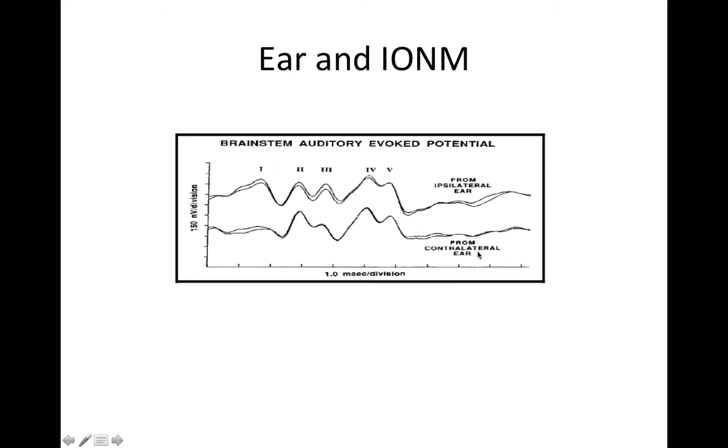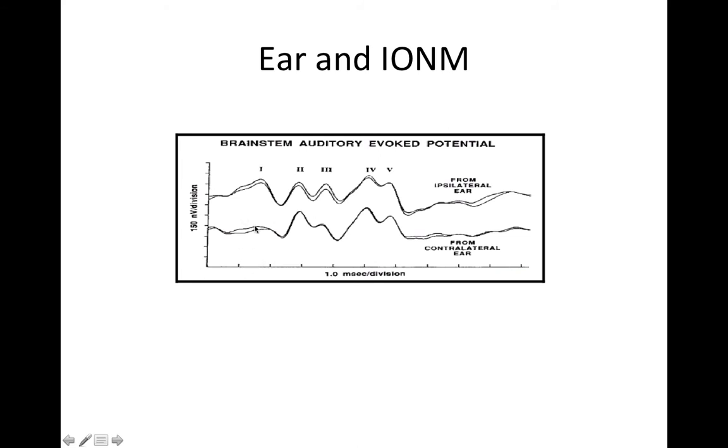Also for the contralateral ear, again, if you think about these generators, you should see a wave 3, you should see a wave 4, and you should see a wave 5, because the sound is going to travel from the ipsilateral ear and then go into the brainstem and stimulate the brainstem generators bilaterally.